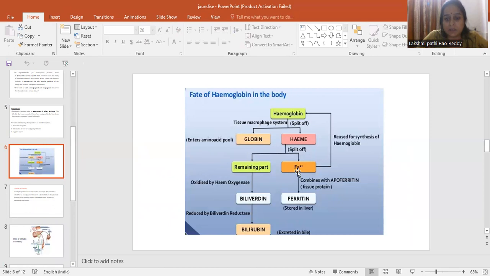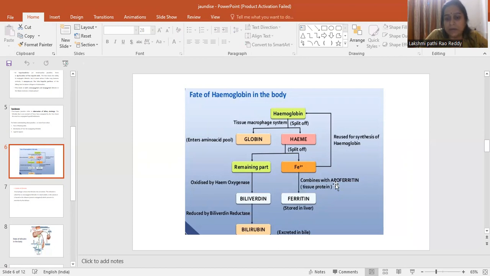The remaining part will get oxidized by oxygenase, and then we get biliverdin. This biliverdin will be reduced by an enzyme, biliverdin reductase, to get bilirubin.